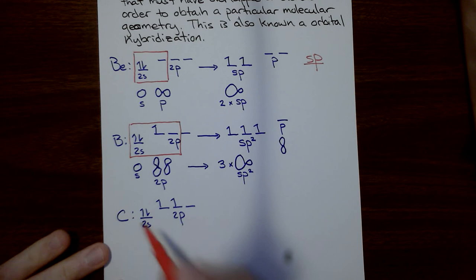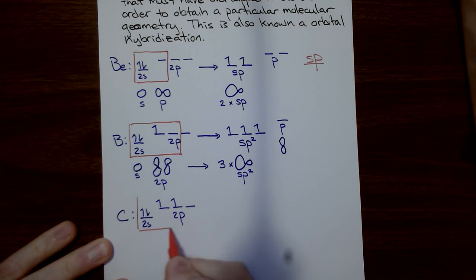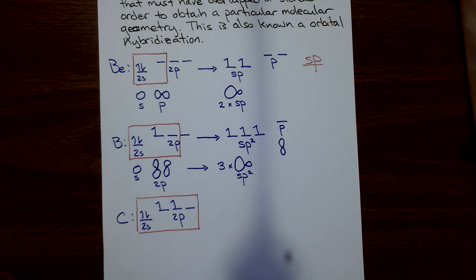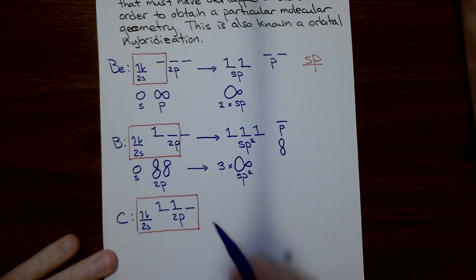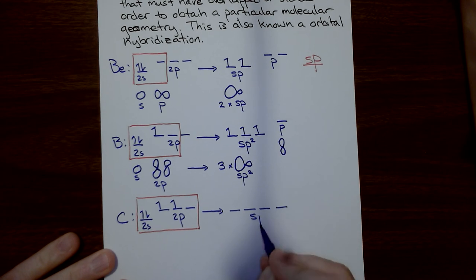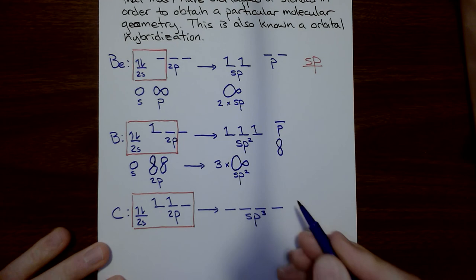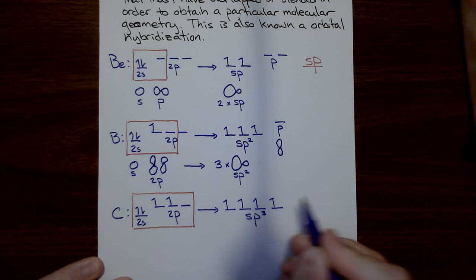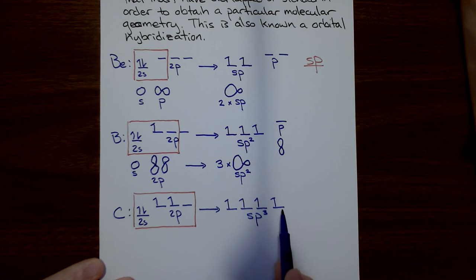So it takes this s and all 3 of the p orbitals and hybridizes them, or blends them together, to make 4 sp3 hybridized orbitals. And you have 4 electrons, and now I can make 4 bonds.